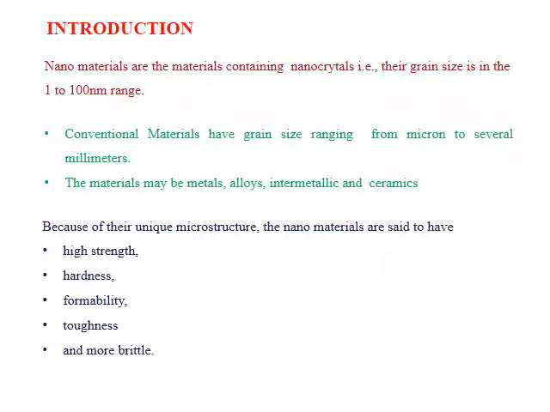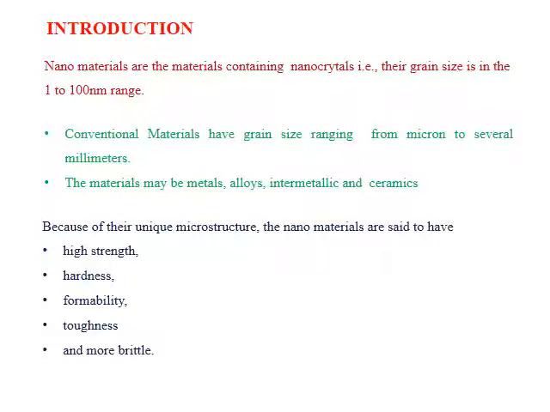Due to their unique smaller grain size and their microstructure, these nanomaterials are said to have interesting properties such as high strength, hardness, modified formability, modified toughness, and a modified nature of brittleness compared to the same material produced with the grain size of micro or macro size.